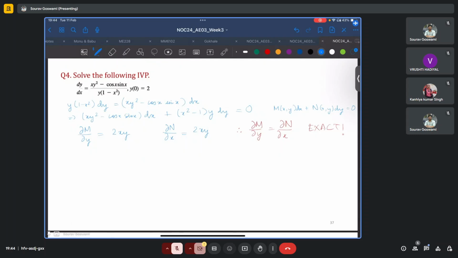So we can then proceed to find the family of solutions as we already did previously. Let some function f of x, y equal to c be the solution.